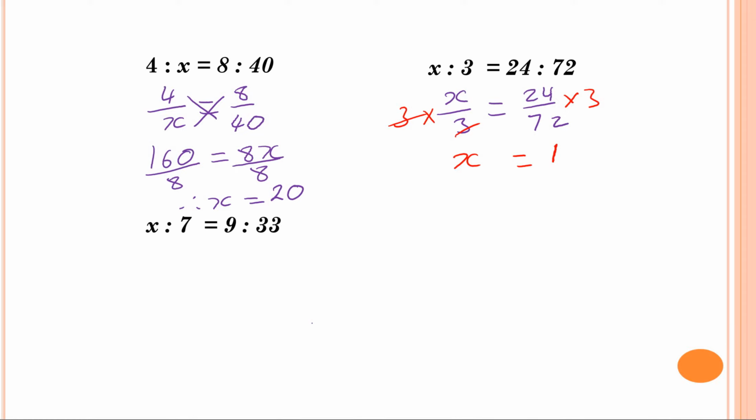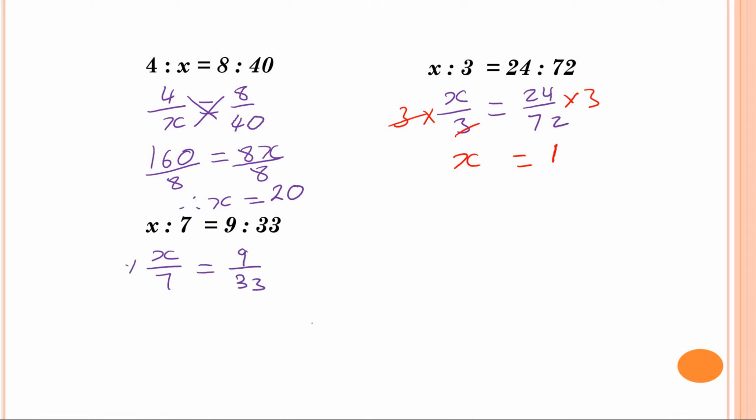Let's move on to this one here. Now x to 7 is 9 to 33. See, if you use the first method I did earlier, it is quite tricky, and then you might not get the exact value unless you use the full number on your calculator. So the way to go about this is I just go x over 7 is the same as 9 over 33.